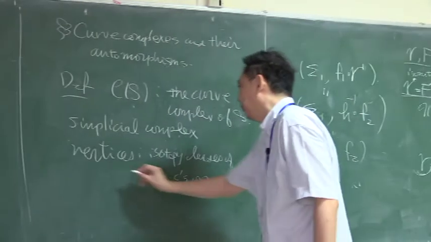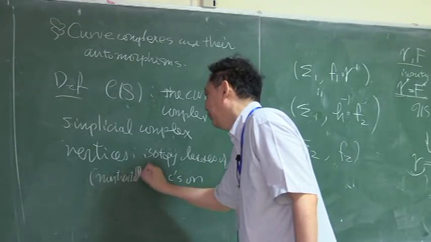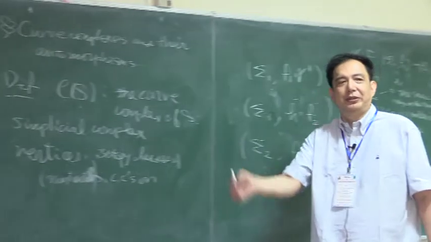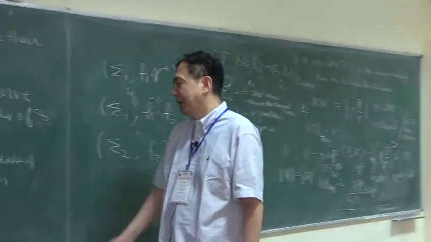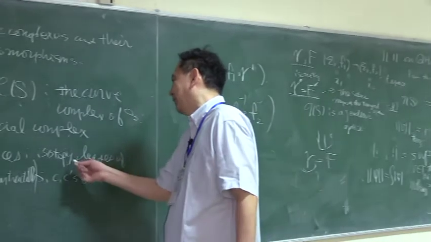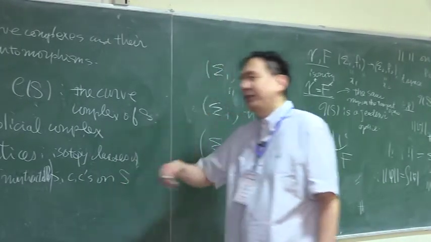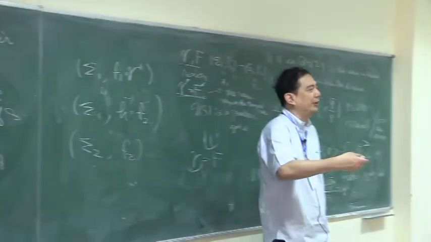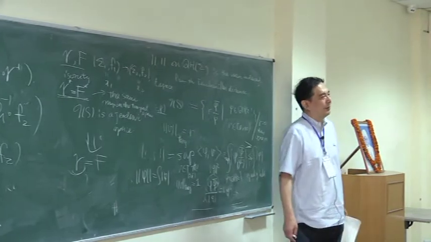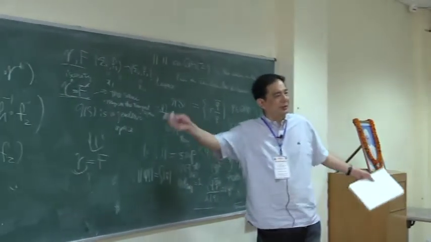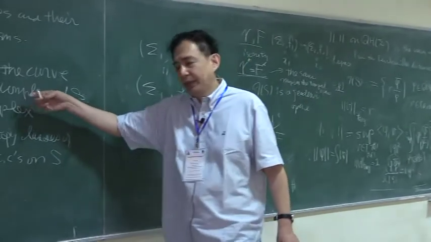So we ignore the contractible, homotopic to 0 curves, and we consider the isotopy classes of simple closed curves on S. So you have, of course, infinitely many such objects. They are all the vertices of this complex.